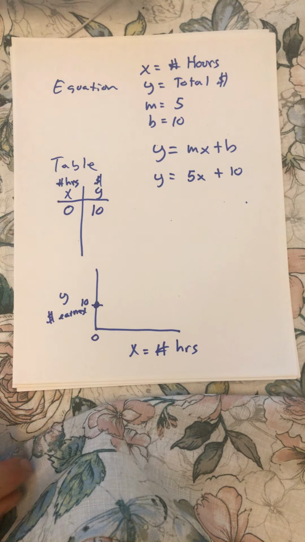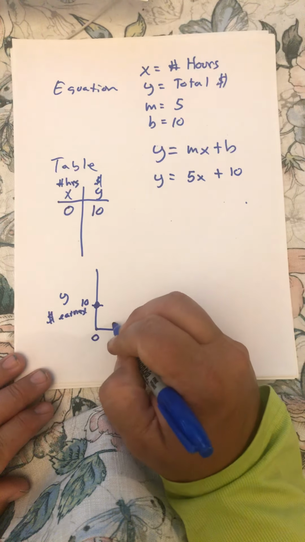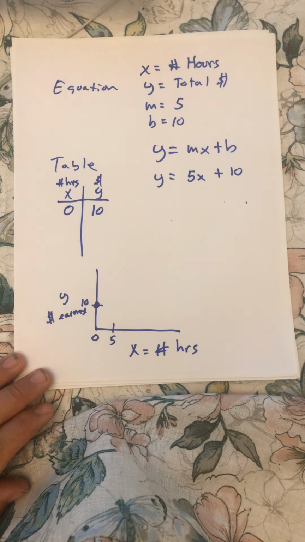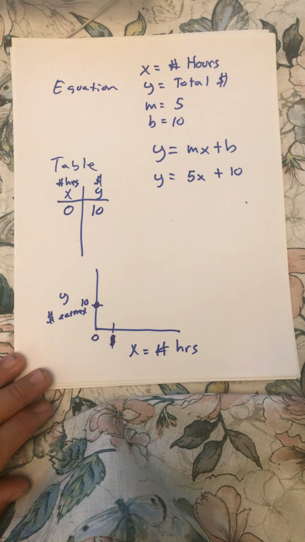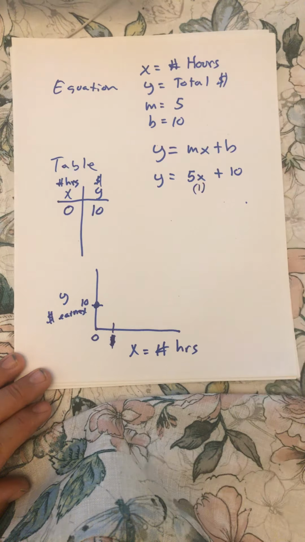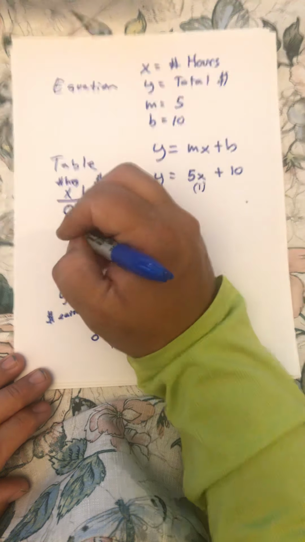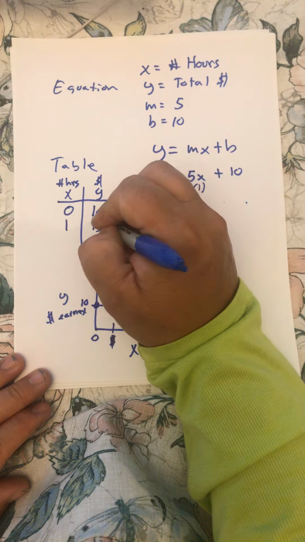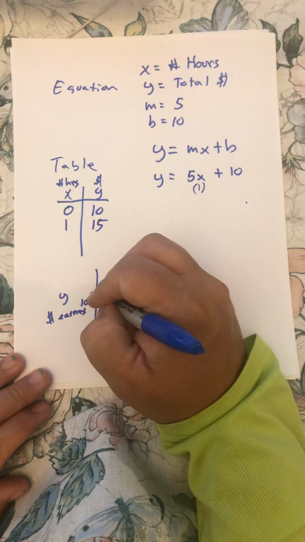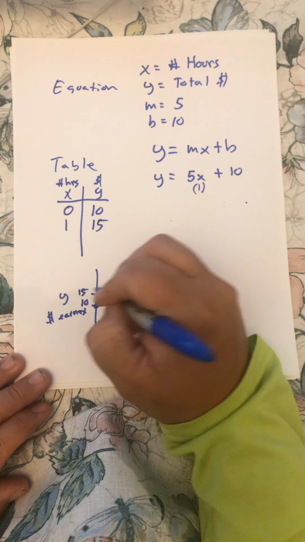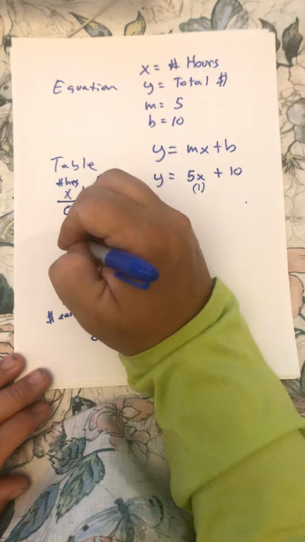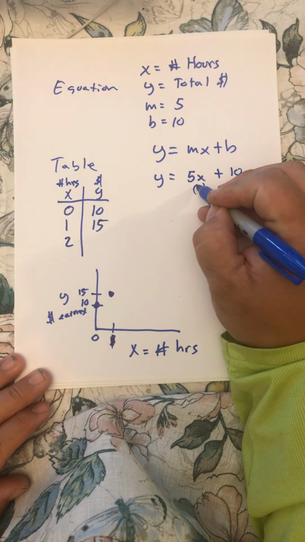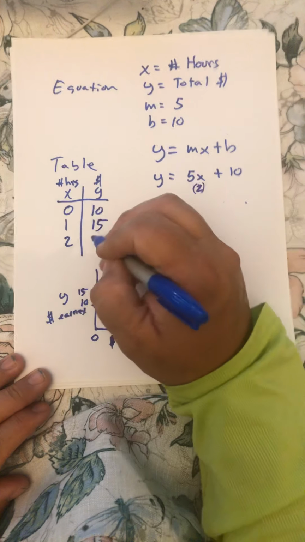So then I know every hour, if I work 1 hour, I put 1 in for there, and I can do the calculation. And 1 hour is $15. So I can go 1 hour, and then that would be 15, and that would be right here. 2 hours. Put a 2 in here. 10 plus 10 is 20.